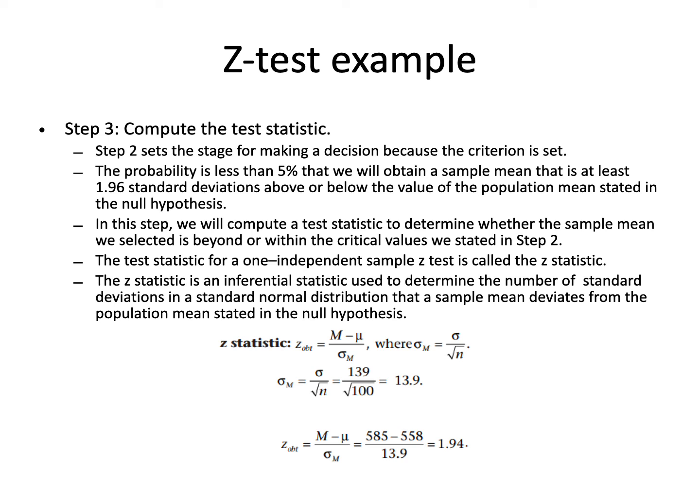Here for the z statistic, the z obtained is estimated using the difference between the sample mean and the population mean divided by the standard error, and we estimate this by dividing the standard deviation of the population by root of n. Here n is the sample size.